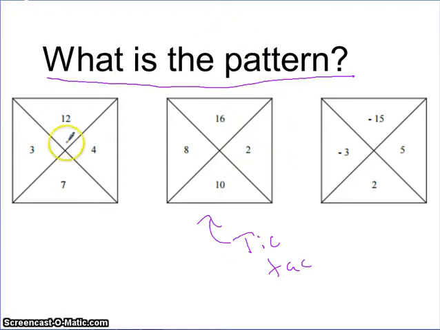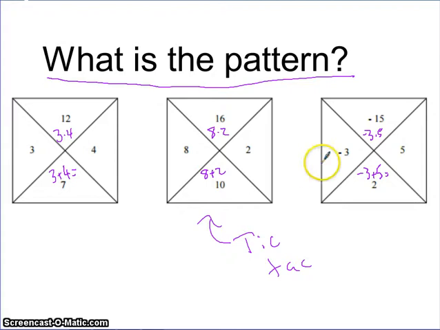The rules are that the number on the top here, 12, is the product of 3 times 4, and the number on the bottom is the sum of 3 plus 4. 3 plus 4 gives me 7, and 3 times 4 gives me 12. 8 times 2 gives me 16, and 8 plus 2 gives me 10, and negative 3 times 5 gives me negative 15, while negative 3 plus 5 does give me 2.